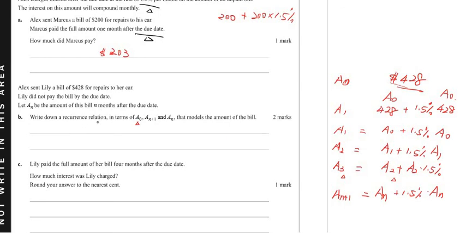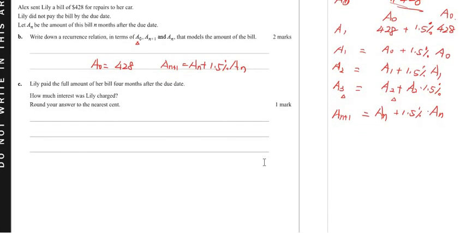So if I write down a recurrence relationship, then I will have my A_0 equals 428, and my A_{n+1} is equal to A_n plus 1.5% A_n. And this is a 2-mark question, so you will get 1 mark for identifying your A_0 and 1 mark for finding out the relationship between A_{n+1} and A_n here.